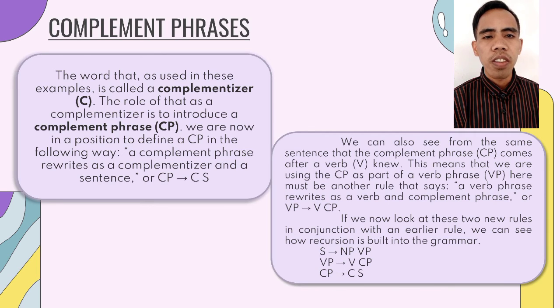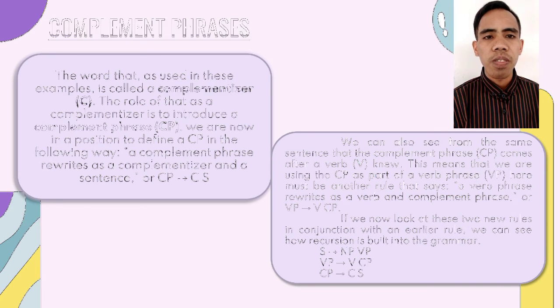The role of "that" as a complementizer is to introduce a complement phrase. We are now in a position to define a CP in the following way: a complement phrase consists of a complementizer and a sentence, or TP.